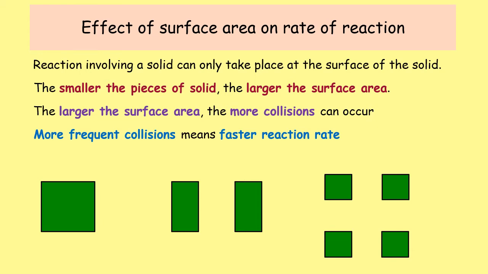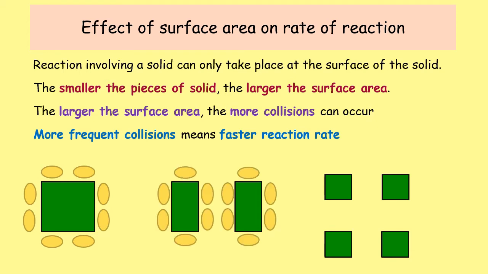Now what's going to appear on the screen are some ovals that represent the chemical that's reacting with this green block. So when we've got the large one, we can fit 8 possible reactants around the green block. Now if we break that block in half and look at the middle, if we count up how many can fit around it now, it's gone up from 8 to 12.